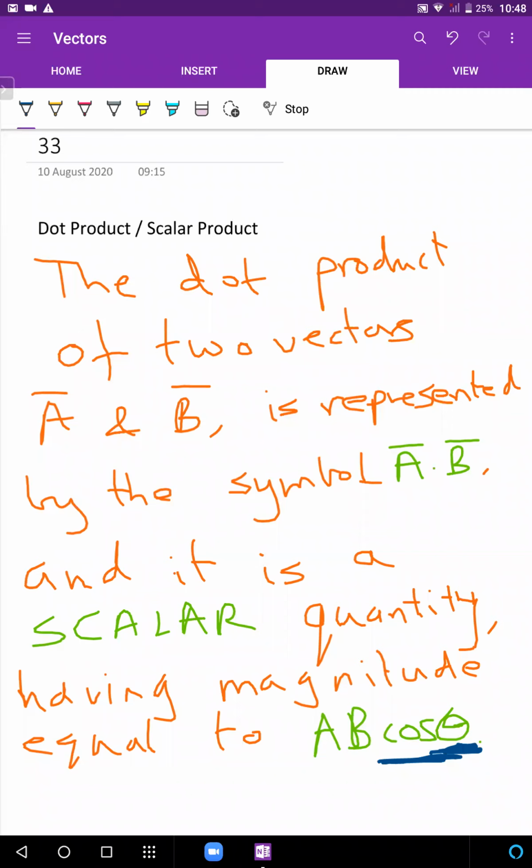Acute के लिए positive, obtuse के लिए negative. So cos theta can be any number between -1 and 1. So it could be positive, it could be negative. But at the end of the day, these are three numbers. Inka product also will be a number, either positive or negative, or even 0. It will be a number.